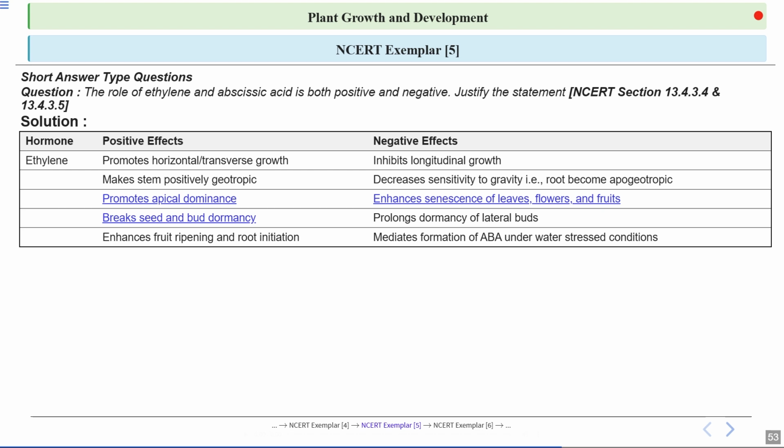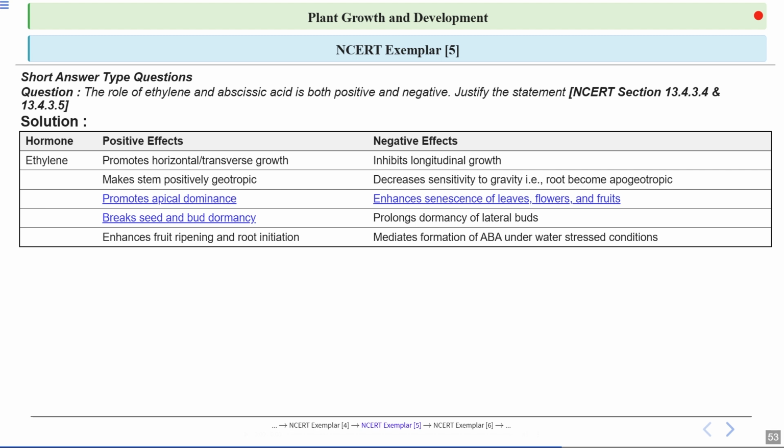Now, let us see the ethylene negative effects. Inhibits the longitudinal growth. It does not allow the growth in height, whereas it allows growth horizontally. Decreases sensitivity to gravity. Roots become apogeotropic, right? It enhances the senescence of the leaves, means aging.